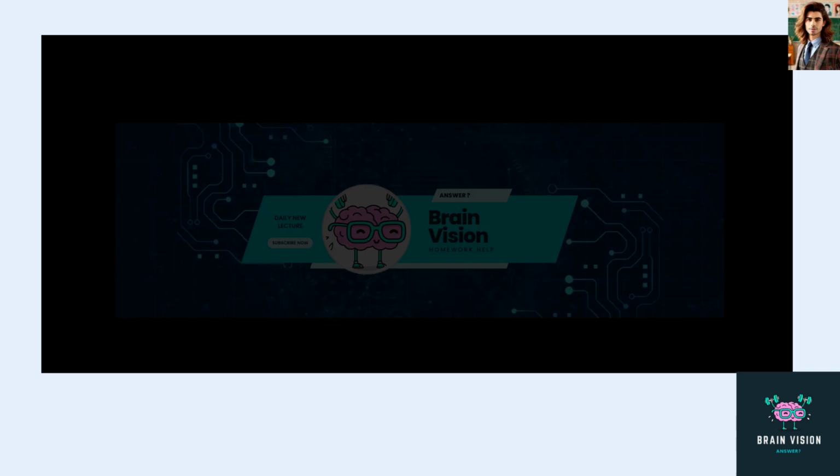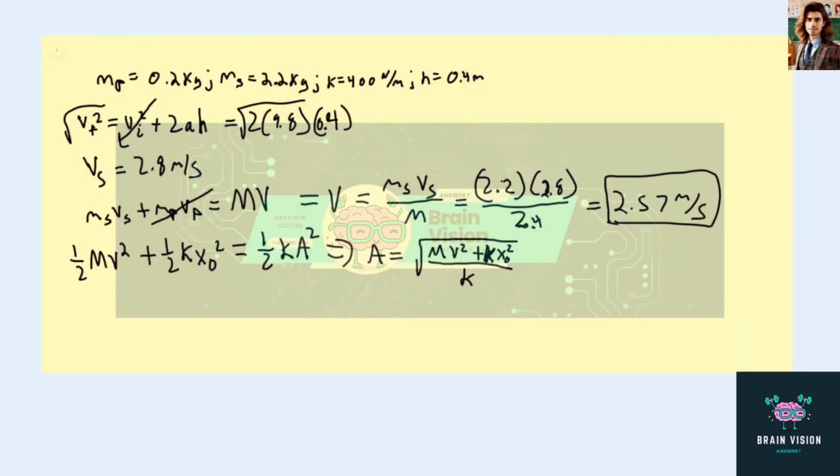Okay. We know that k times x naught equals the mass of the steak times gravity. So x naught equals msg over k.